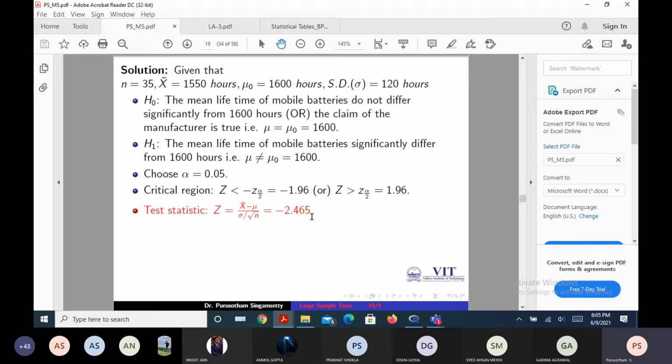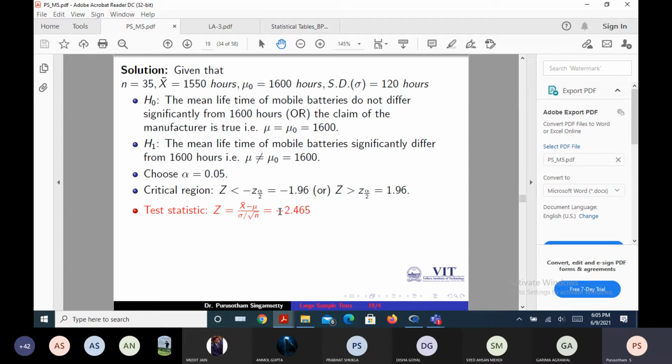Check it quickly. Yes, sir, it is coming. So when it is coming 2.465, is your observed value of this z, that is 2.465, greater than the 1.96, the absolute value of this?